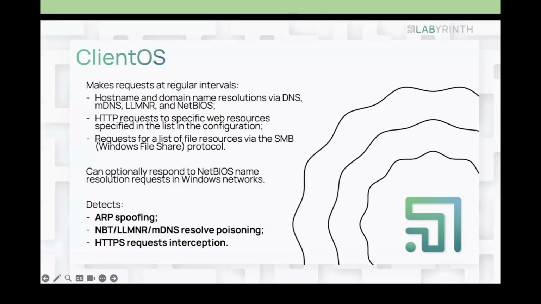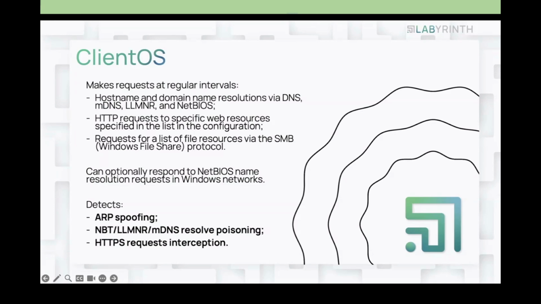The idea behind ClientOS is that it simulates clients' actions and creates noise to make your network more alive, more engaging, more interesting for an attacker to play around and make an attempt to find something that may be useful for further attacks.